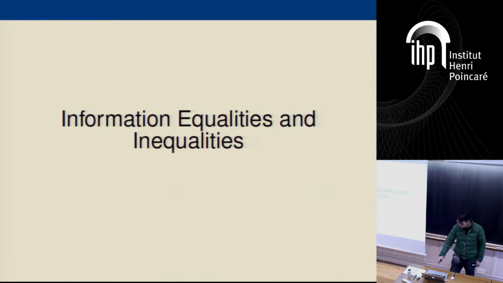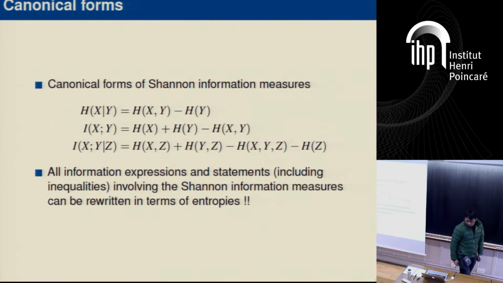Let's look at the inequalities again. In the beginning, we talked about the different information measures. It turns out that these measures are also related to each other. In fact, all the information measures I described earlier can be rewritten using only the entropies themselves.